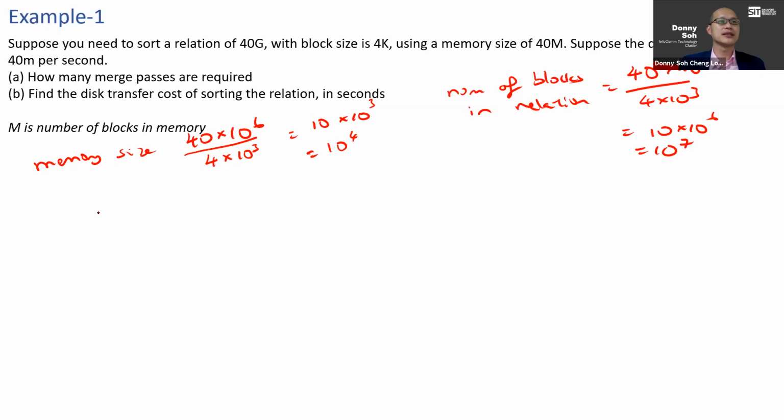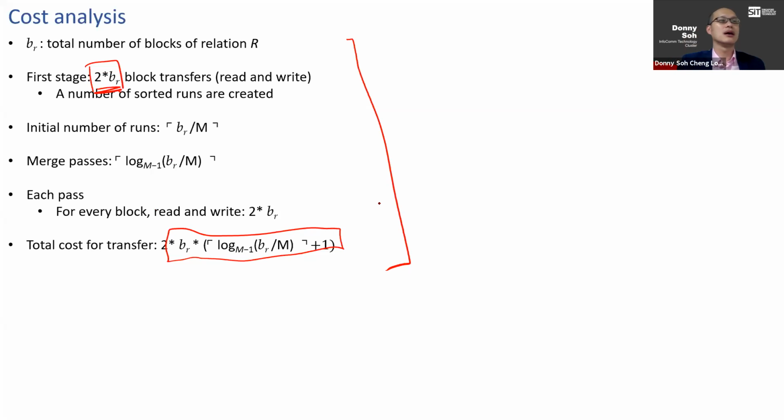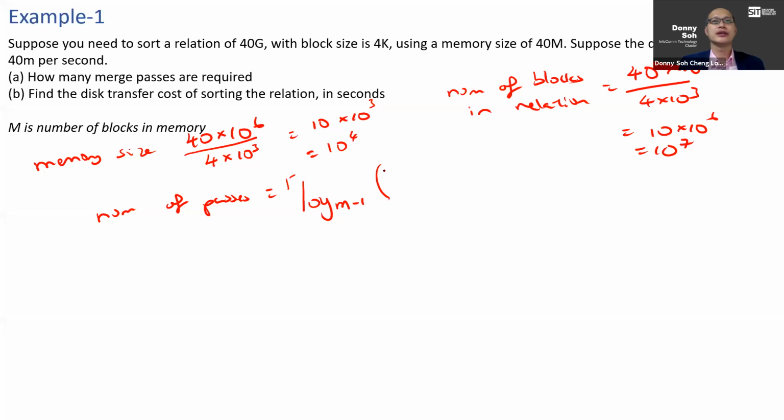So, the number of merge passes, we use the formula, which is the ceiling of log base M minus 1 of BR divided by M. So BR is 10 to the power 7, divided by M, 10 to the power 4, and this is the number of blocks that can be held in memory.